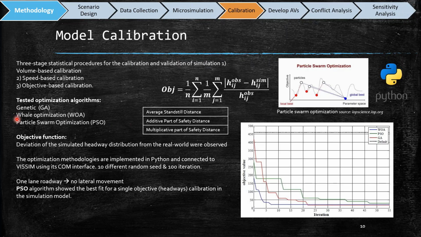Genetic algorithm, Bayesian optimization, and particle swarm optimization are three algorithms that we used prior to this study on urban roadways to evaluate the headway condition in the urban area and find the point where the diagram goes to zero error, or maybe becomes a constant value, not exactly zero.